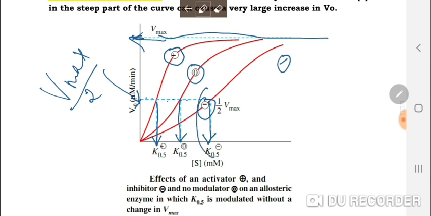So this one is entirely different, and you can see the differences. This is evident that the binding of the effectors or modulators is apart from the substrate binding site, that is, apart from the active site. That is called the regulatory site.